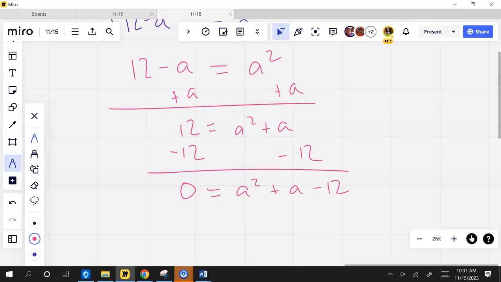And back from Unit 1, I remember that if I have a quadratic, I make it equal 0, and then I factor and solve or use the quadratic formula to find the solutions. I told y'all Unit 1 never goes away. Never, never, never.